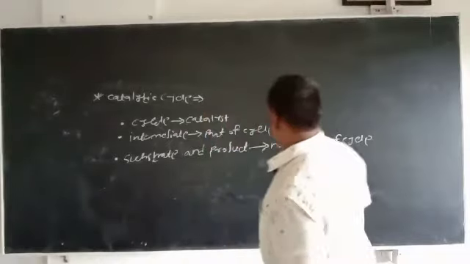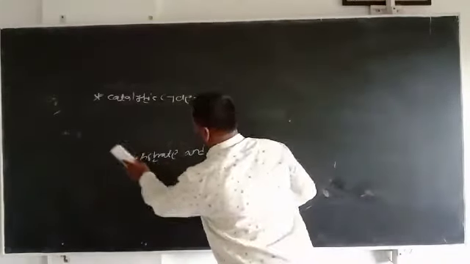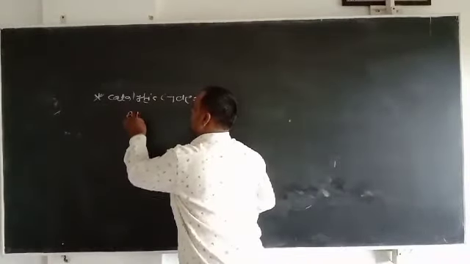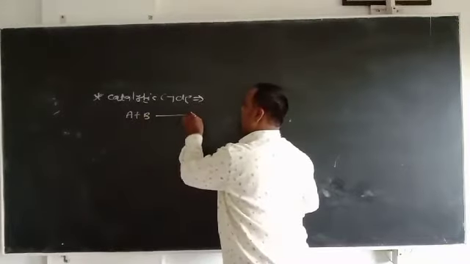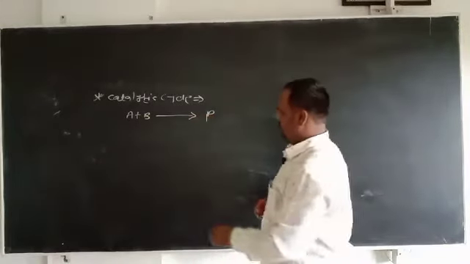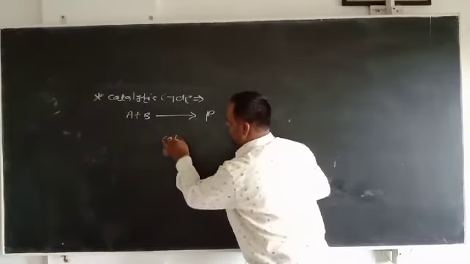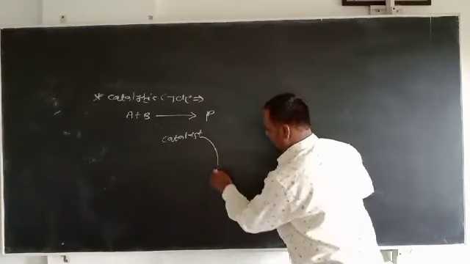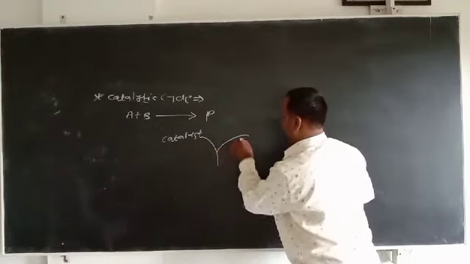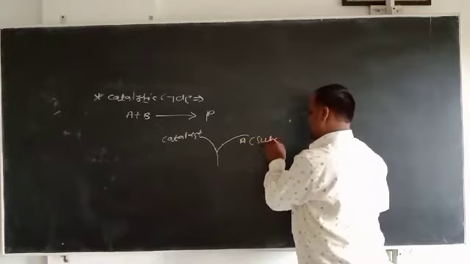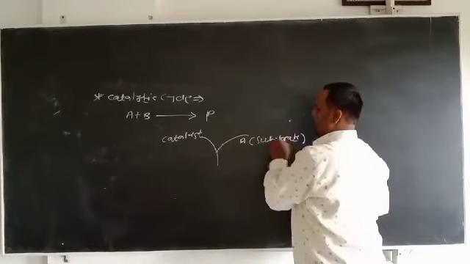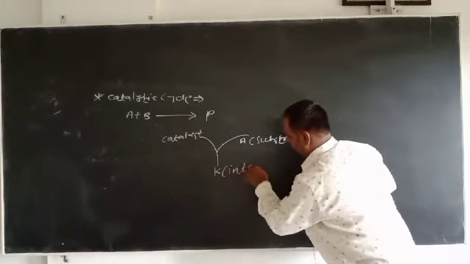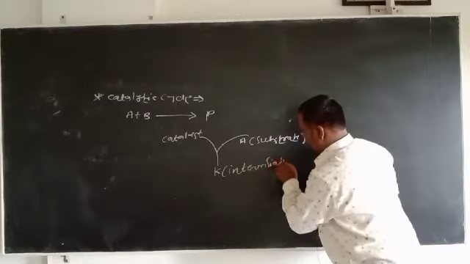Let us see with the help of a simple reaction, that is A plus B in presence of catalyst converts into product. Let us see the catalytic cycle. The catalyst is a part of the cycle. The catalyst reacts with your substrate. So A is your substrate, which is not a part of the cycle. Here we get K, that is an intermediate.